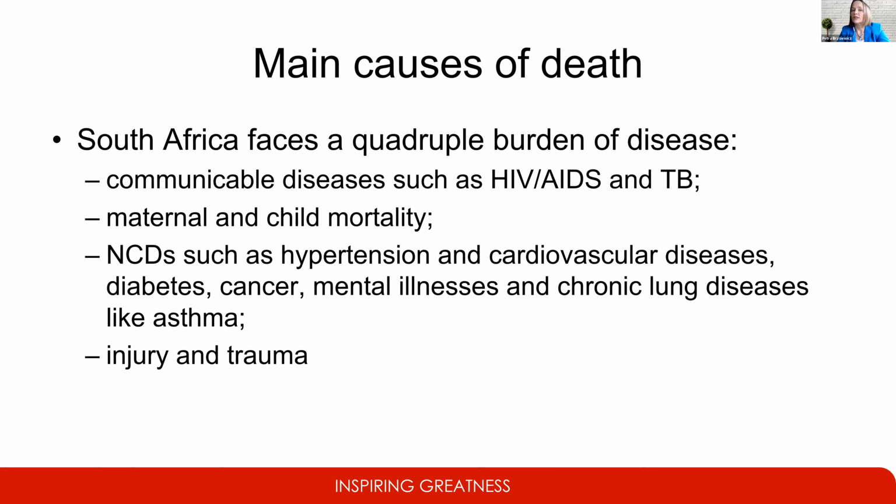And then, like most countries in the world, non-communicable diseases such as hypertension, cardiovascular disease, diabetes, and mental illness also play a large part in the main causes of death. And unfortunately, we have a large problem in terms of injury and trauma. And actually, that is a lot of where my focus lies as a nurse academic.